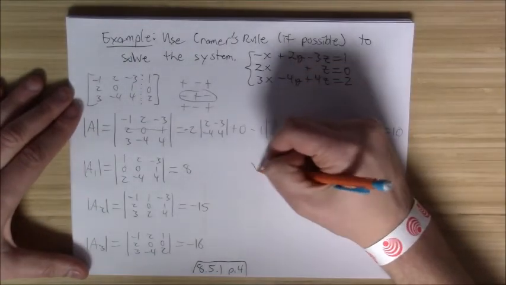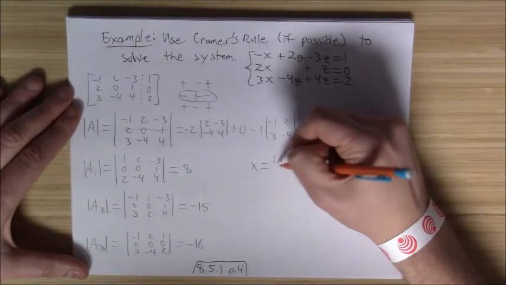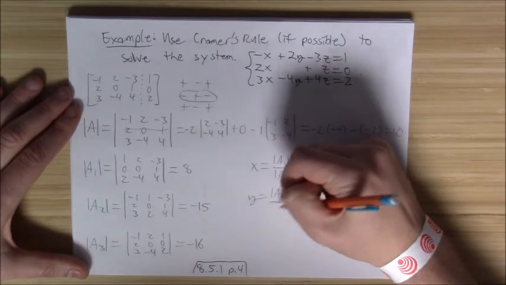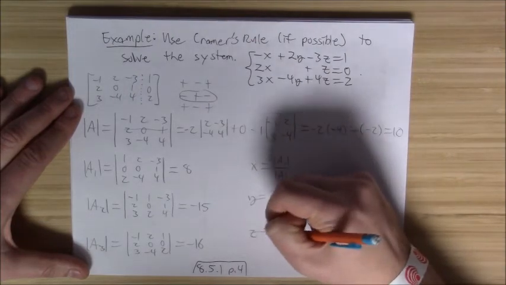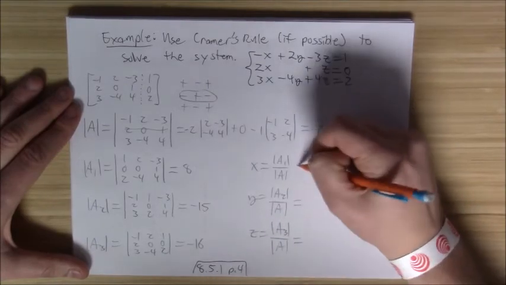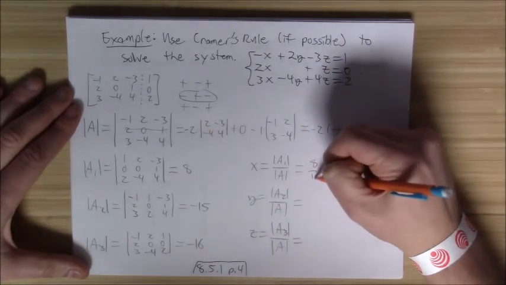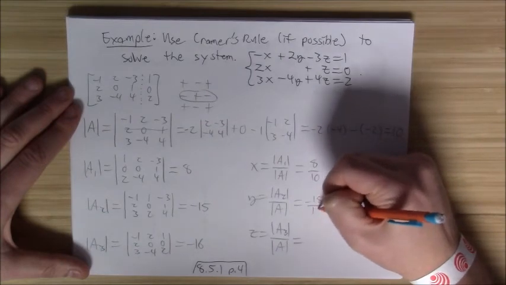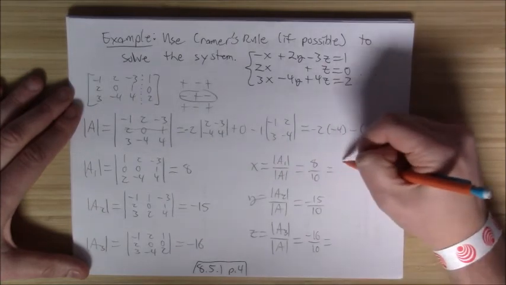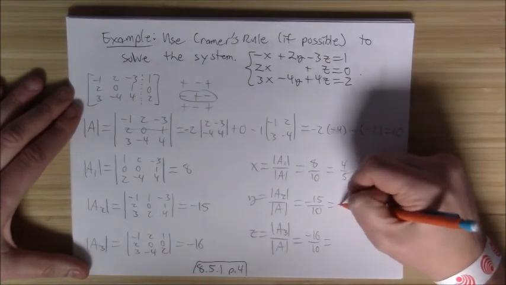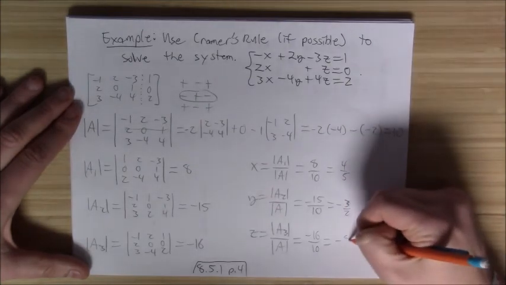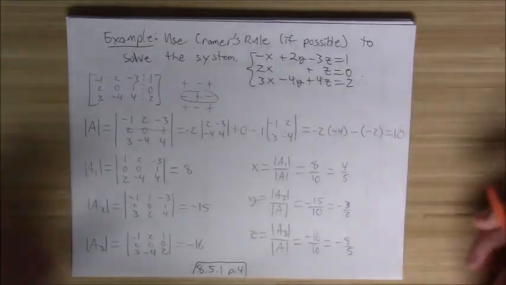And so we have x is equal to A1 over A, y is equal to A2 over A, z is equal to A3 over A, which will be 8 over 10, negative 15 over 10, and negative 16 over 10. Simplifying down, we'll end up with 4/5, negative 3/2, and negative 8/5. So those are now our solutions.